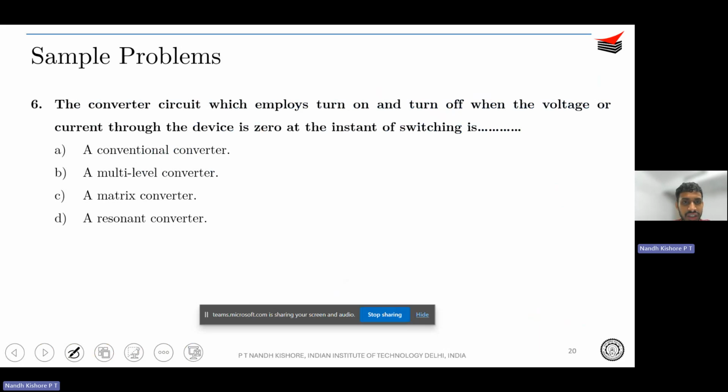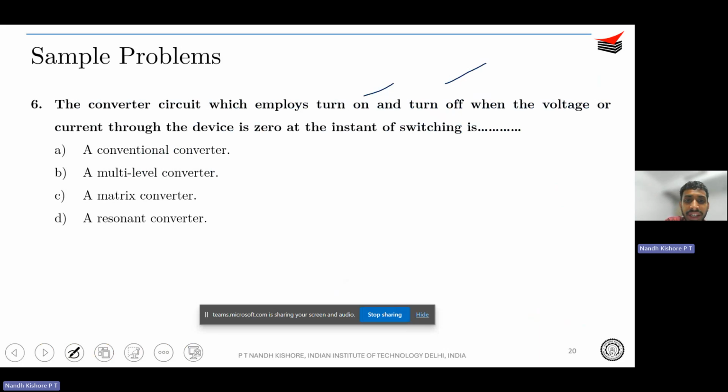Okay, so the next question: the converter circuit which employs turn on and turn off when the voltage or current through the device is zero at the instant of switching is dash. A conventional converter, multi-level converter, matrix converter, or a resonant converter. Read the question properly. Which employs turn on and turn off when the voltage or current through the device is zero?